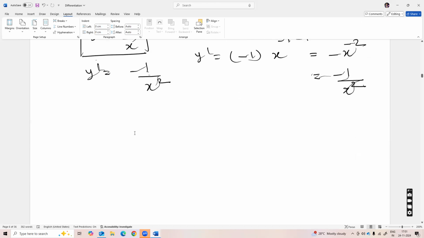Also, if it is a fraction, let's say y equal to root x. In this case, you can write y is equal to x to the power 1 by 2. So here we got n is equal to 1 by 2.